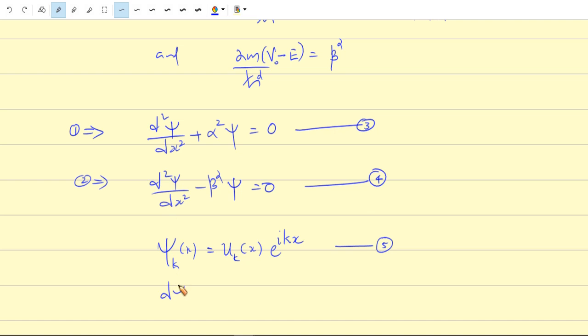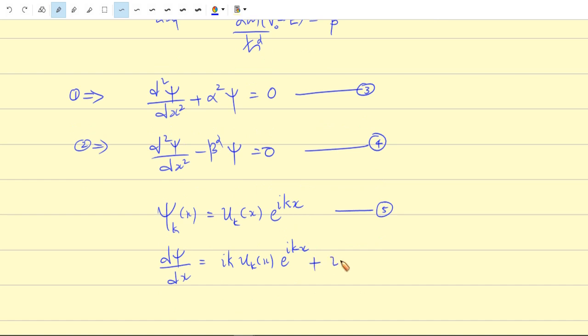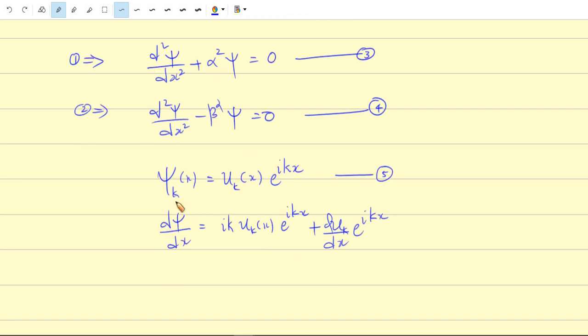For that we can first find d psi by dx, which is equal to ik uk of x e raised to ikx plus du k by dx e raised to ikx. This is d psi by dx.